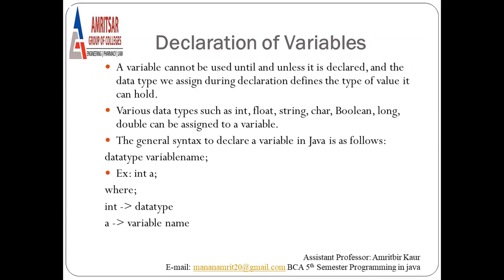Now the general syntax to declare a variable in Java: firstly, we write the data type and then the variable name. For example, int a. Here the data type int means integer data type and a is the variable name. So for declaring a variable, we first write the data type and then the variable name.